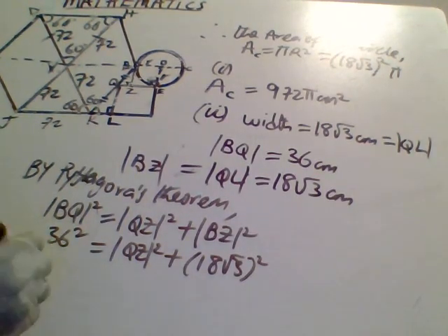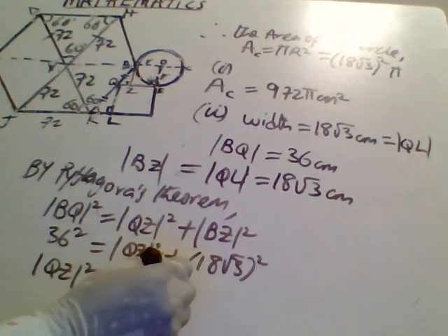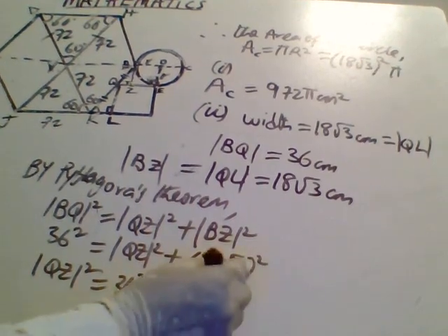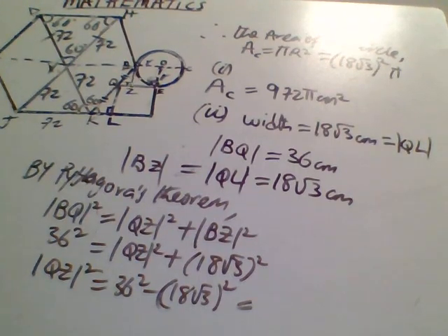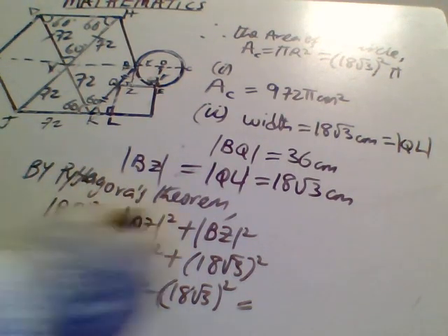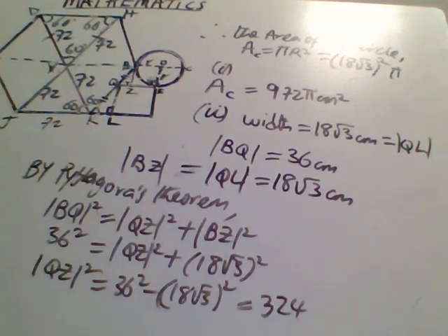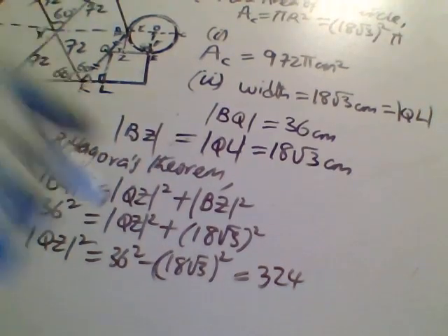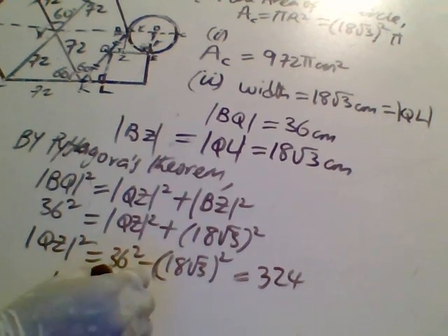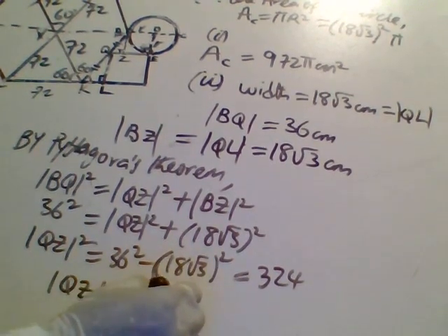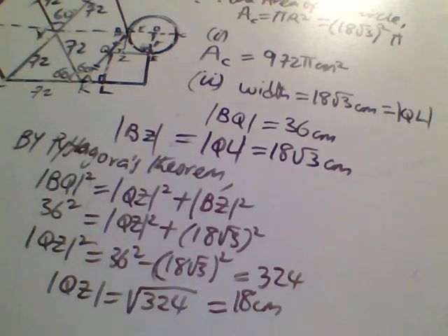So making QZ the subject, you have 36 squared minus 18√3 squared. Use your calculator to do that. If you solve it, you have 324. So find the square root of both sides. QZ is equal to the square root of 324, and when you do that, you have 18 cm.